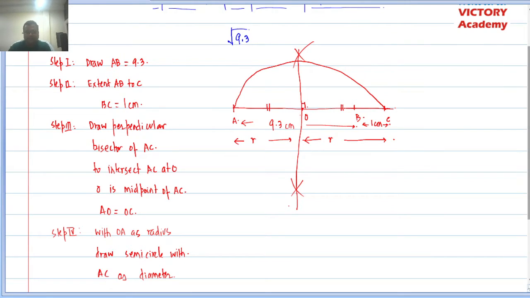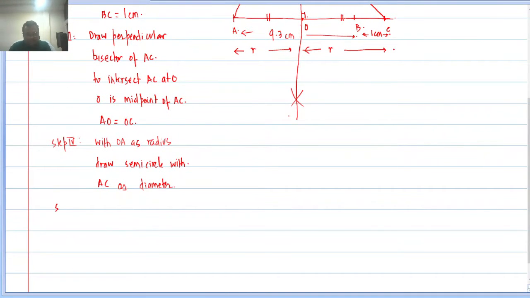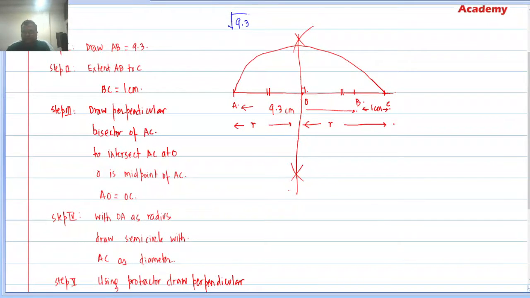Fine. Then step 5, using protractor, draw perpendicular to AC at B. Okay, so this is the perpendicular.